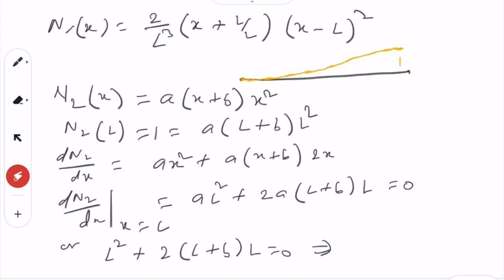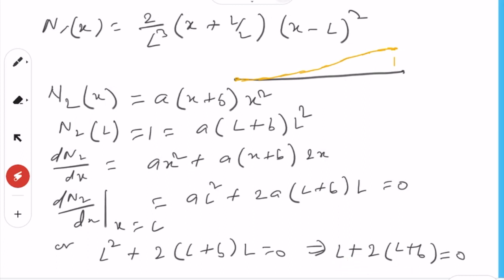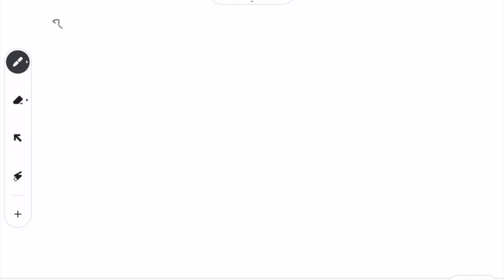Another L we can get rid of, so we have L plus 2 L plus b equal to 0. We can simplify further, so we get 3L plus 2b equal to 0.